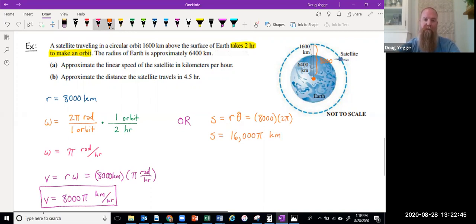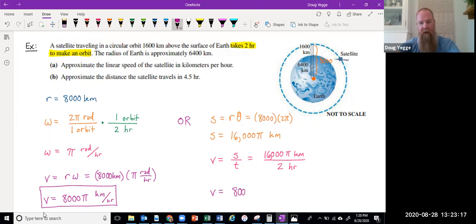Well, my other formula for linear speed is V equals S over T. So because S is 16,000 pi kilometers, and I know that one orbit takes me 2 hours to complete, then that must mean as well that my linear speed is 16,000 divided by 2, or again, 8,000 pi kilometers per hour.